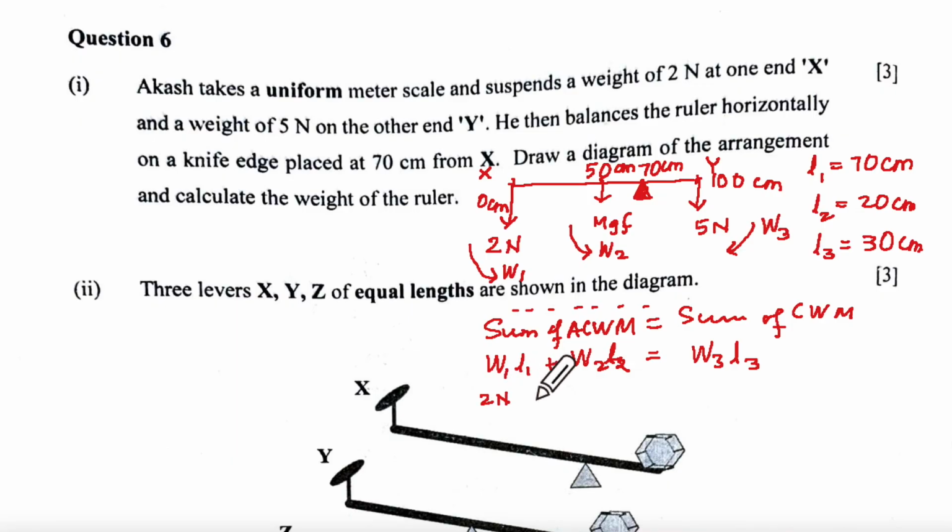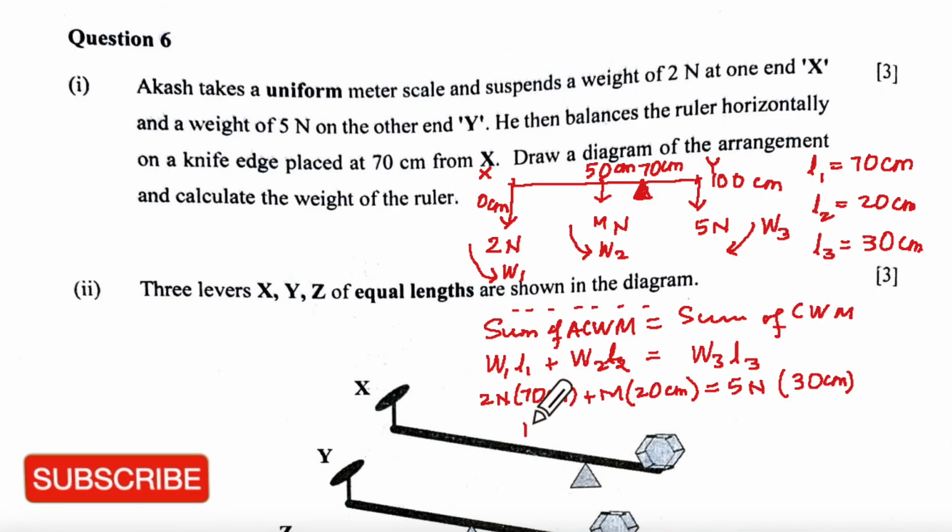This will be 2 Newton multiplied by L1, which is 70 centimeter, plus M, instead of writing gf, we should make it as Newton, so it's easier for us to compute, and this will be multiplied by 20 centimeter, which is equal to W3 is 5 Newton and L3 is 30 centimeter.